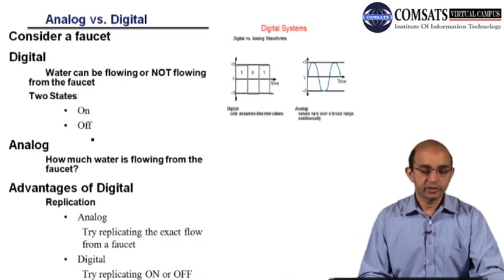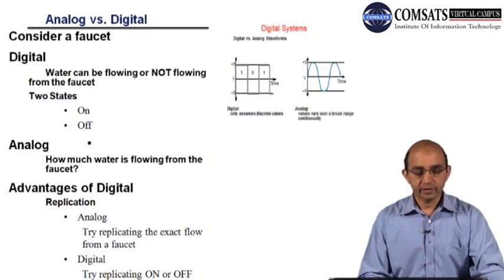We cannot think about the intensity of water, the amount of water, the pressure of water, or how hot or how cold the water is. If you talk about it in an analog fashion, you should think about how much water is flowing out of the tap.